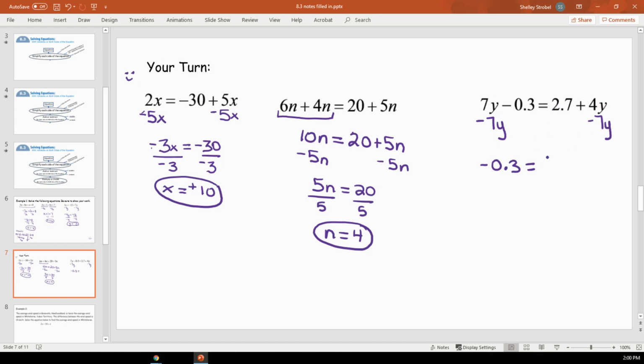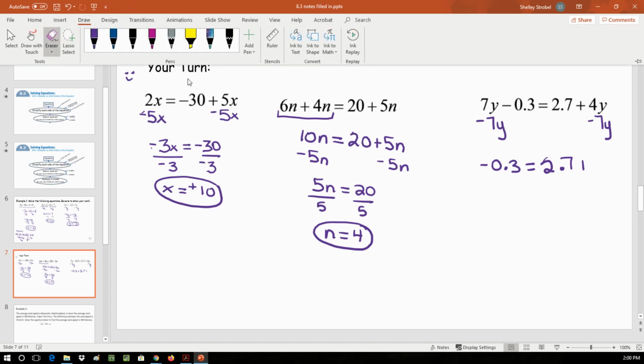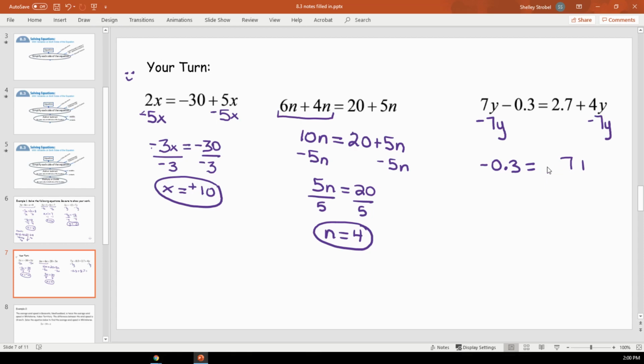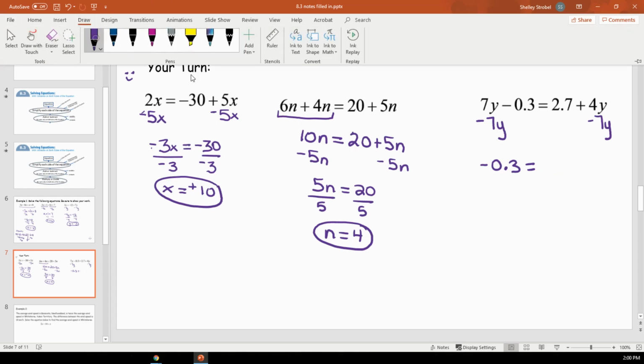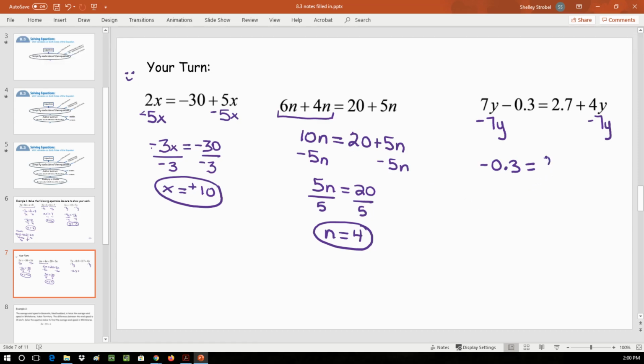Okay, so what am I left with? Negative 0.3 equals 2.7 minus 3y. I'll write that a little bit nicer. Okay, 2.7 minus 3y. Here's the side with the variables.